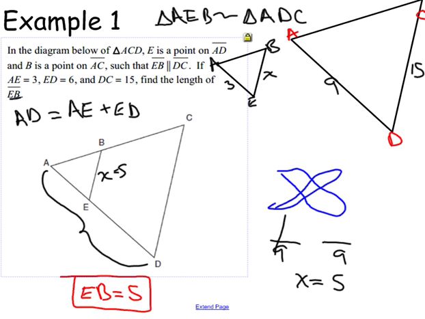As you saw in our problem, when it came time to label, AD was the sum of AE and ED. If you're looking for a whole side, you need to add the parts that make up that side. So be very careful with step 3.